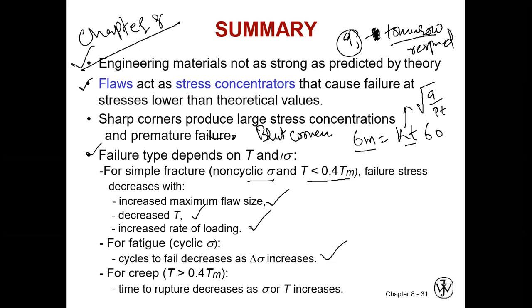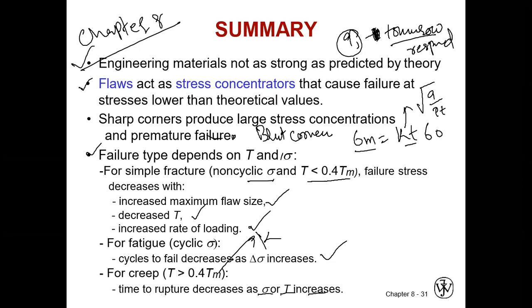So if we increase the stress, then the cycles will decrease. And for creep, the operating temperature is greater than 0.4 times Tm. And remember, Tm is always in Kelvin, right? So the time to rupture decreases as sigma or temperature increases, right?